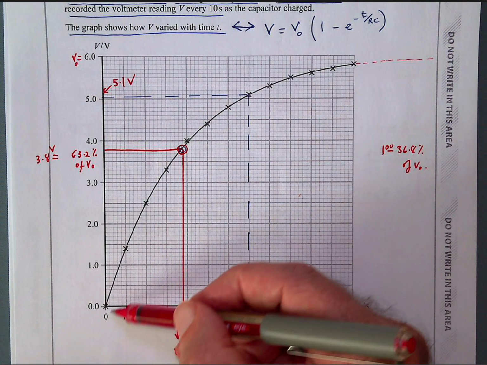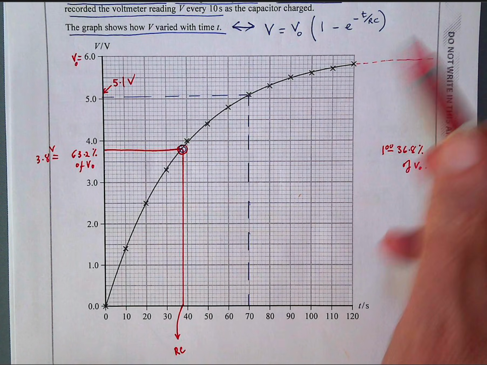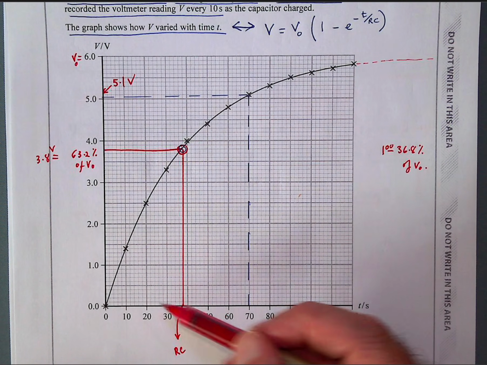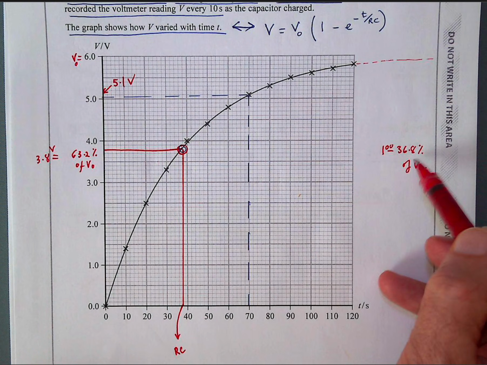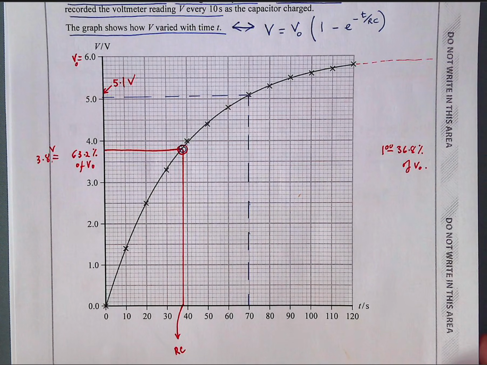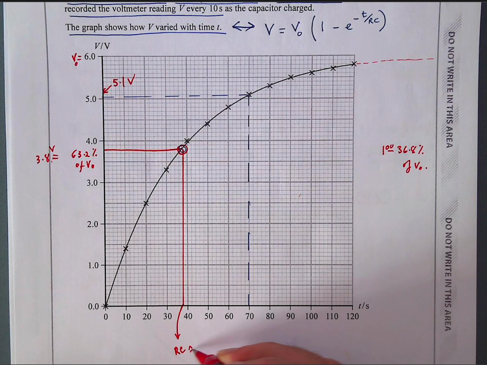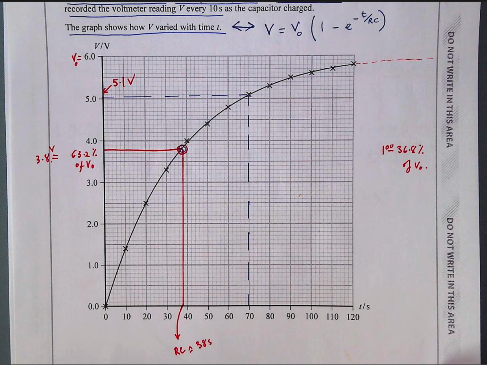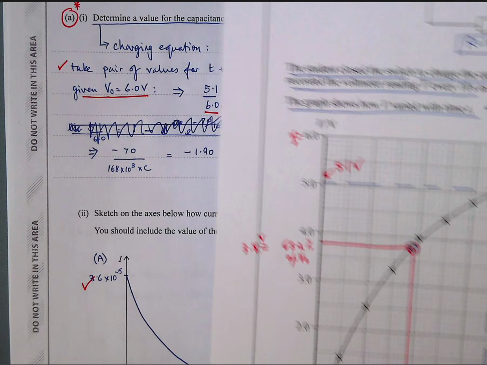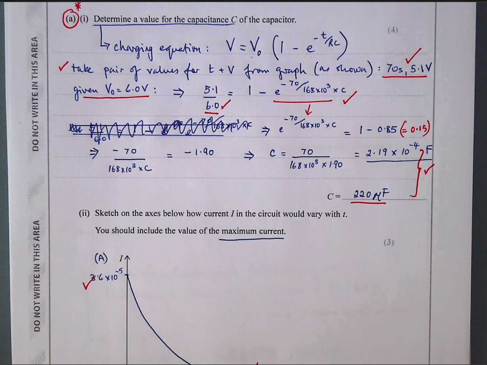In charging, in one time constant, you'll go to the 1 minus of that, just like here you've got a 1 minus, and it will come to 63.2% of V, which is 3.8 volts. So at 3.8 volts, I'm looking to see the time constant is approximately equal to 38 seconds.